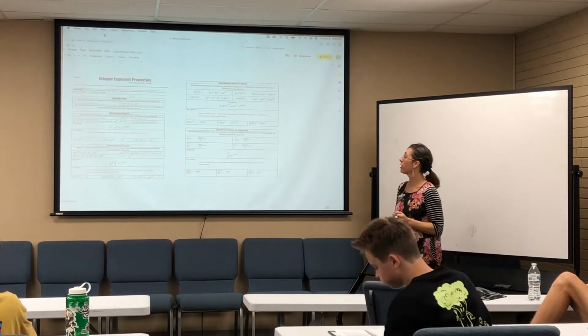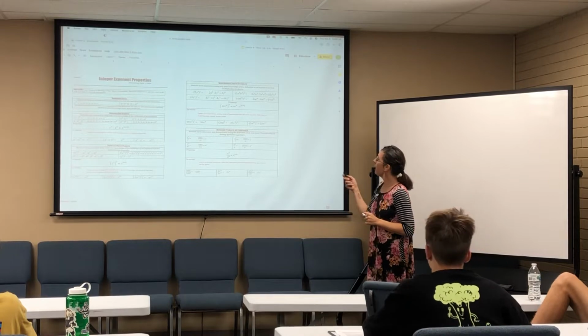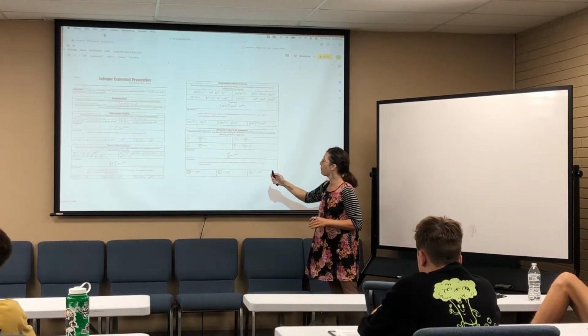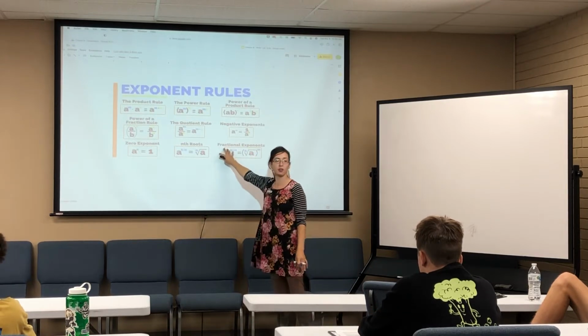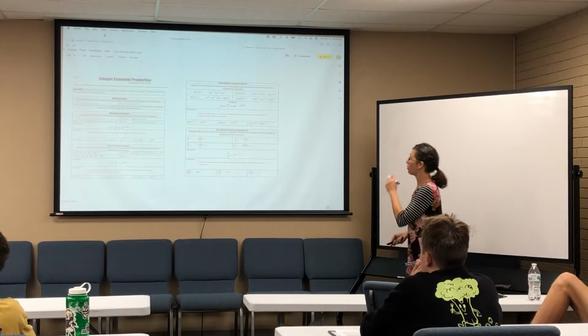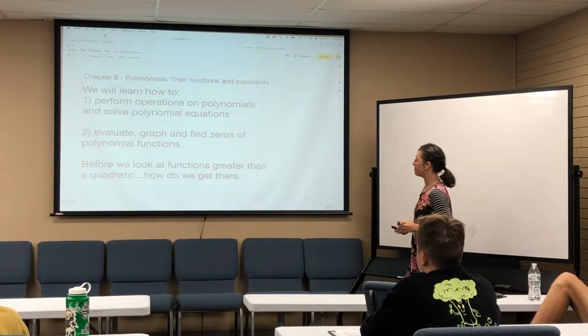It's called the integer exponent properties, and it is also under the classroom handouts. And we're going to walk through all these different things. So this 4-part sheet is the explanation of how we get through the exponent rules, okay? So there's 4 different sheets on this.